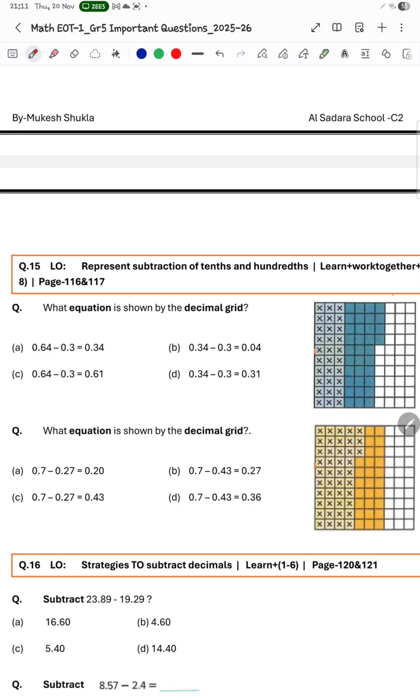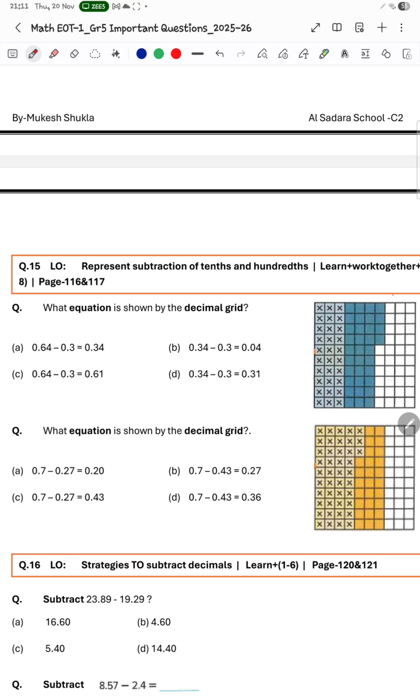First step, count all the boxes including X and without X, which are colored. So count all the colored boxes which have X and which do not have X. So let us count all.